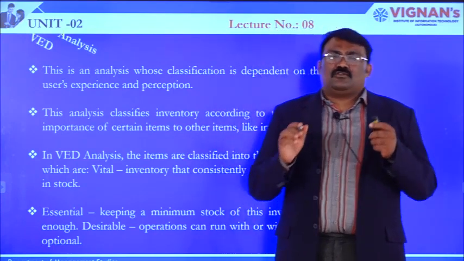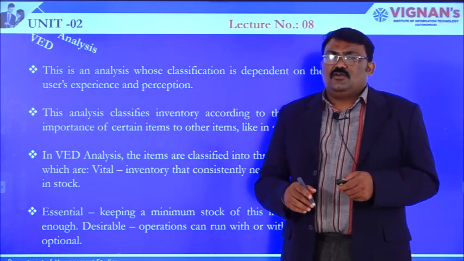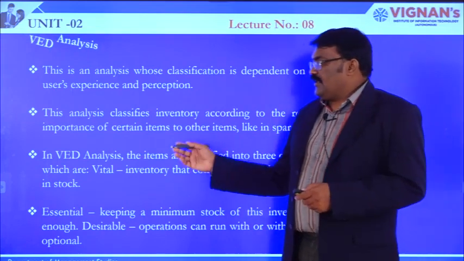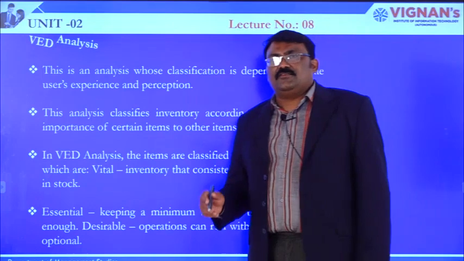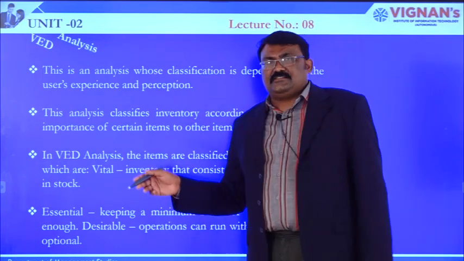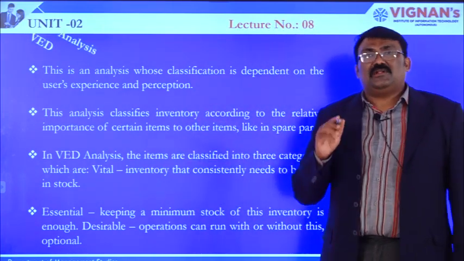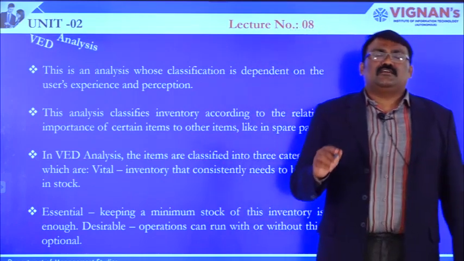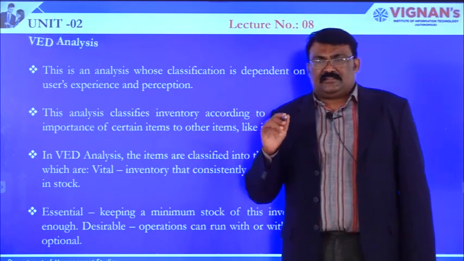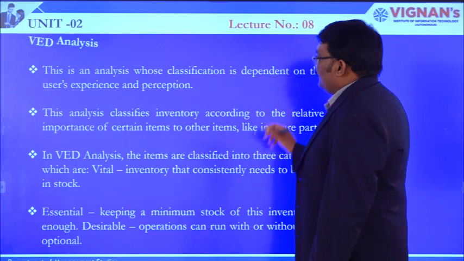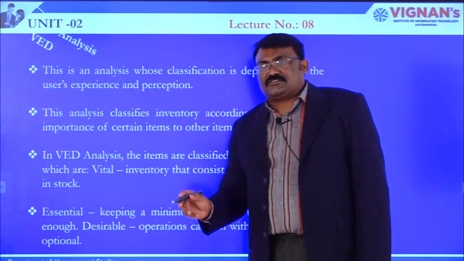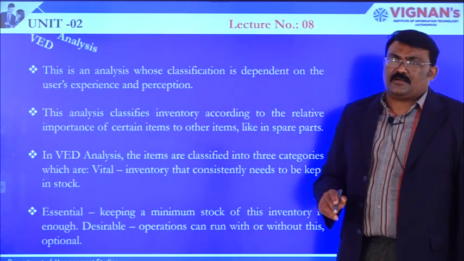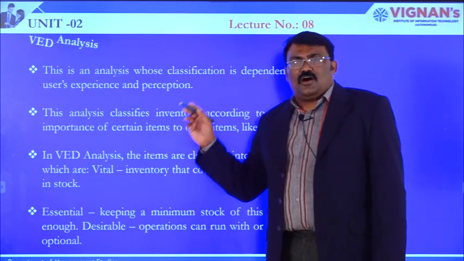So, based on those parameters, we would classify the segregation of the raw material into vital, essential and desirable. And please understand, all this vital, essential and desirable classification is based upon the perception of the manufacturer or the organization.